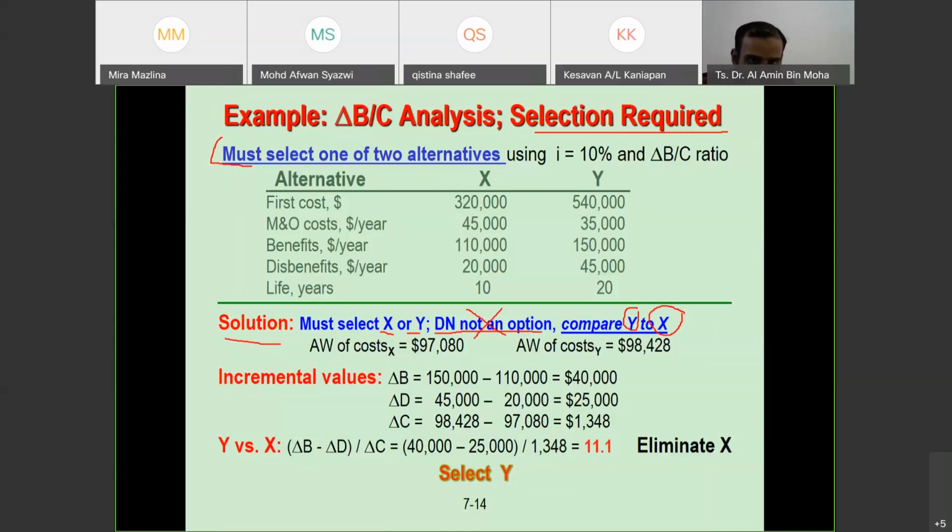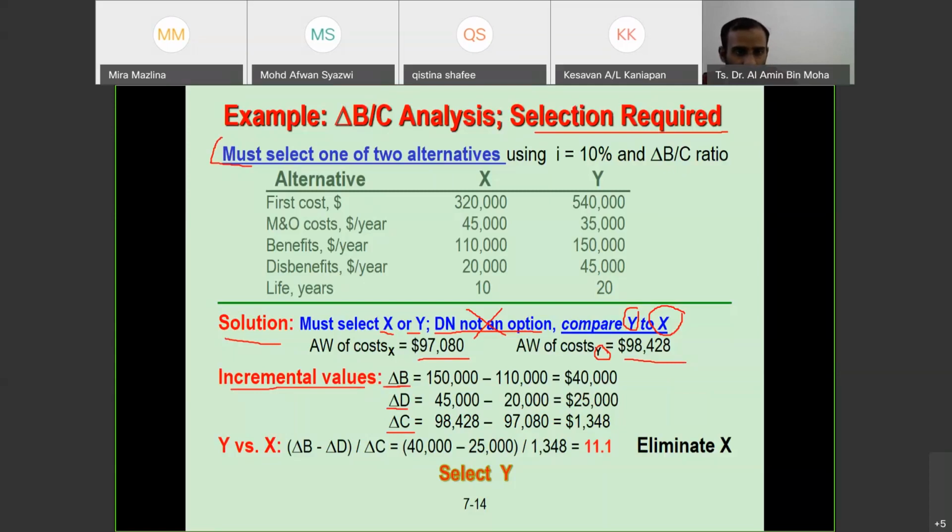Why Y first? Because we check here, the cost is 97,000 plus, and this is 98,000 plus. So we choose the higher cost for the incremental value. We calculate the difference in benefit, disbenefit, and cost. The larger minus the smaller.